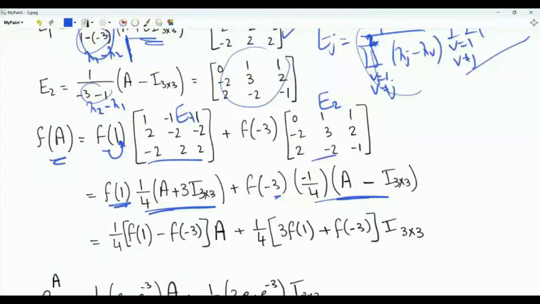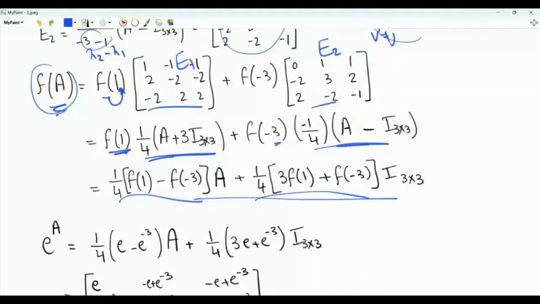As we can see, f of A is a scalar times A plus a scalar times the identity matrix of size 3 by 3. This is the whole point in this video: functions of matrices, and here our focus was diagonalizable matrices, are polynomials, in the sense that you take a function and it can be represented as a finite sum involving the powers of the matrix.